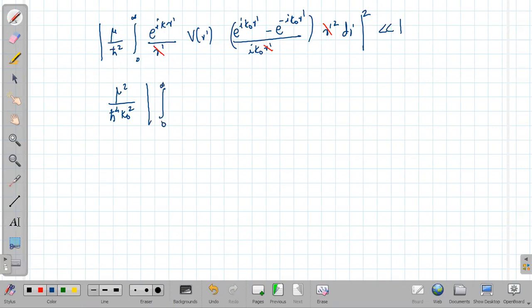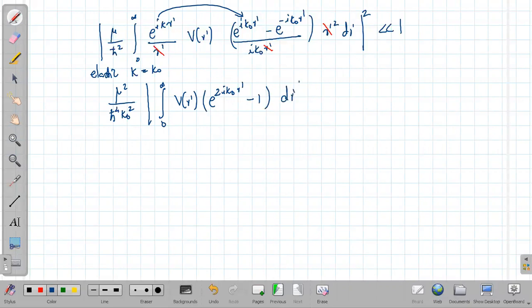Now remember, for elastic scattering, the magnitude of k and k0 are the same, so this can be taken inside. So this would become V of r prime e raised to 2i k0 r prime minus 1 times dr prime, mod square is much less than 1.